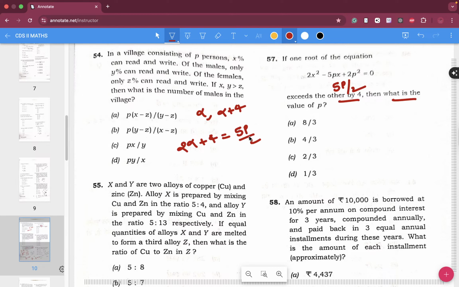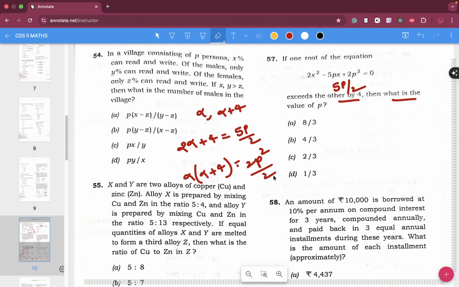This is your 5p by 2. And the product of the roots over here, alpha into alpha plus 4 is equal to c by a, right? C by a means 2p square by 2, isn't it? This is what we have over here, right?